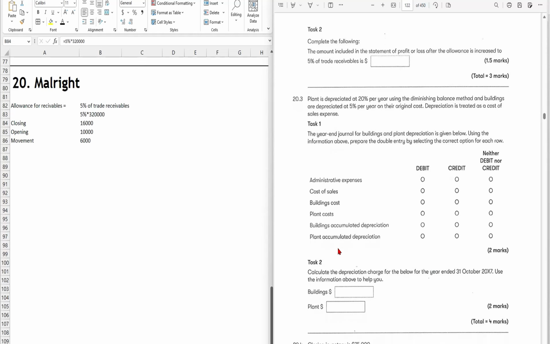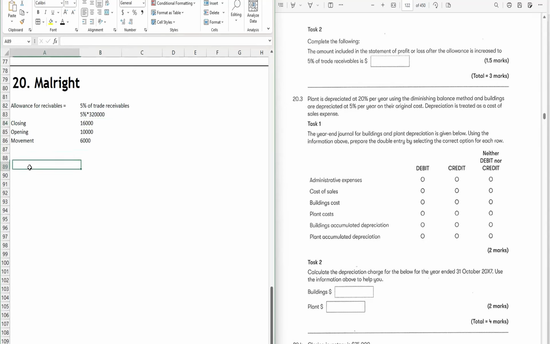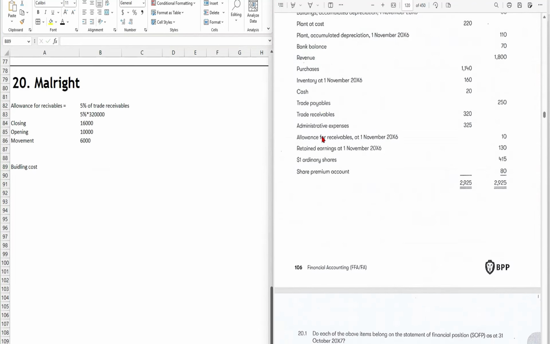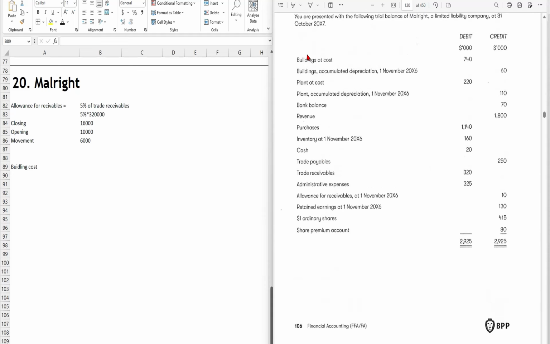Okay. So now they have asked you to calculate the depreciation charge. So now let's do this. Before the depreciation charge, we need to find out the cost of building. And from where can we find this figure? From the trial balance. So building cost is 740,000.